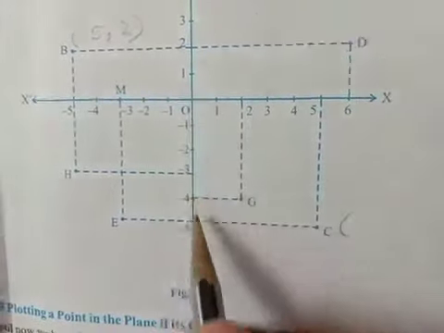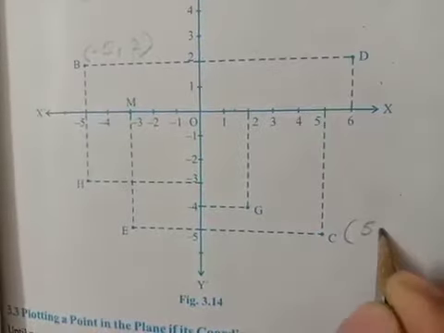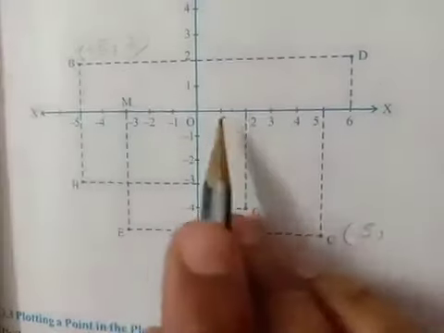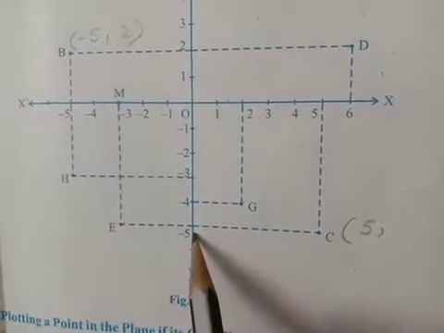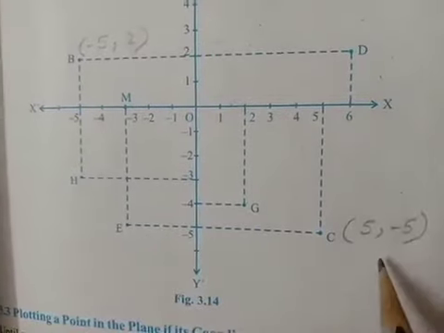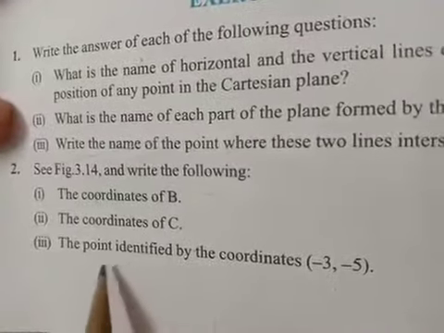If you measure from the y-axis, it is plus 5, so it is 5, comma, and the y coordinate is measured from the x-axis. So how much is it? This is minus 5. So you will write minus 5. Understood? Now let's solve the third question.